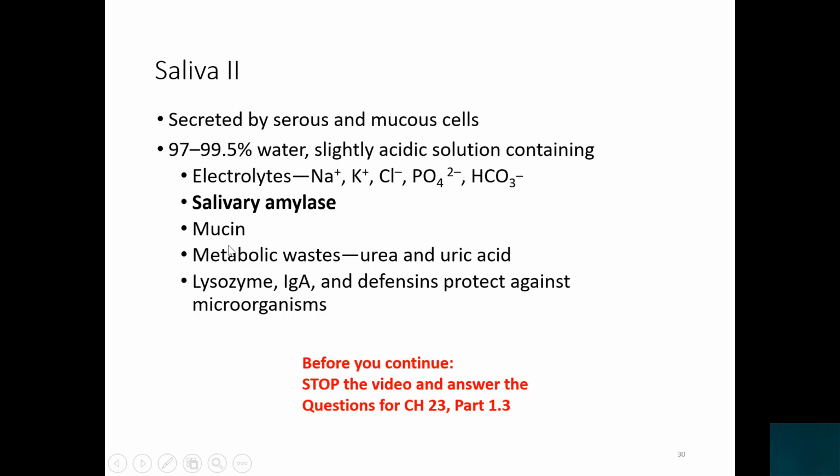Next one, mucin. Also, small amount of metabolic wastes like urea and uric acid, and we have chemicals that protect against pathogens, bacteria and viruses. Those would be lysozyme, immunoglobulin A, and defensin proteins.